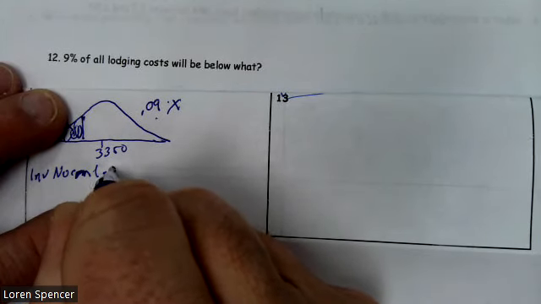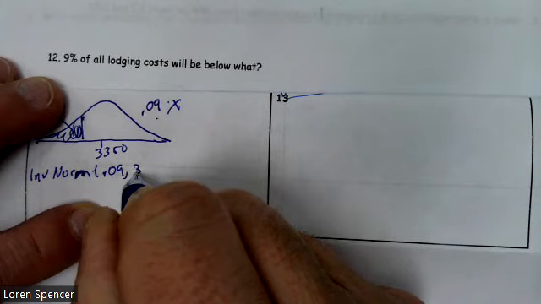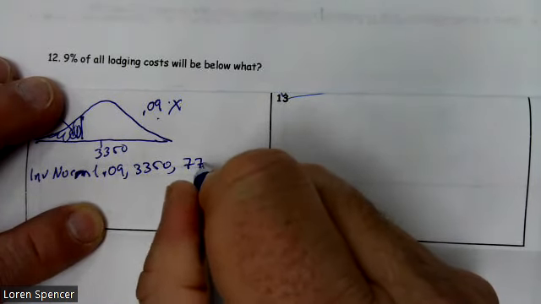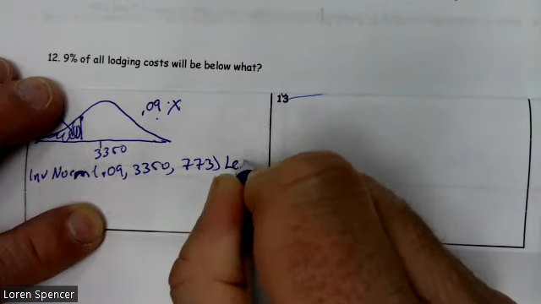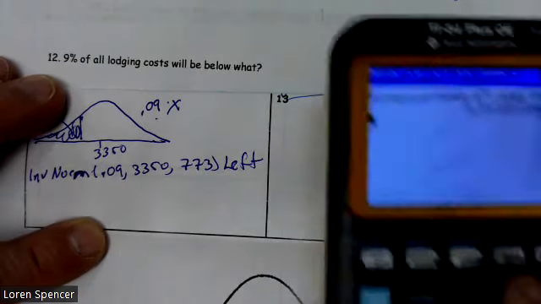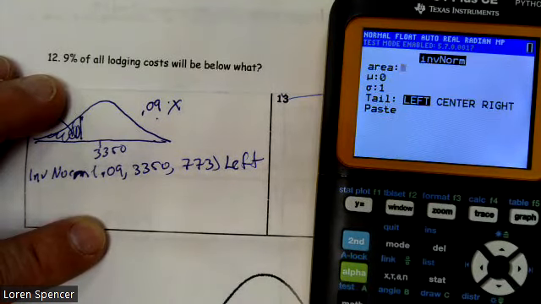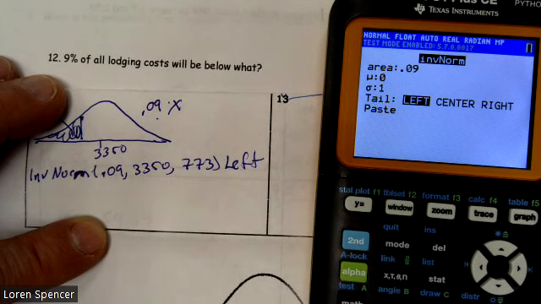Area is 0.09. Mean 3350. Standard deviation 773. We're coming from the left. Second vars, inverse norm, 0.09, 3350, 773.